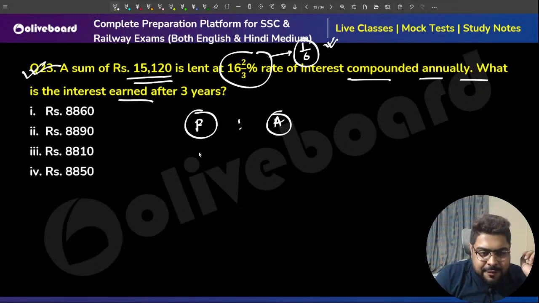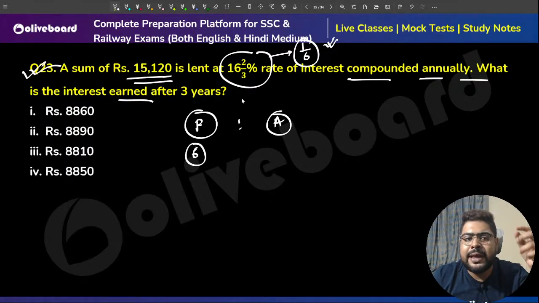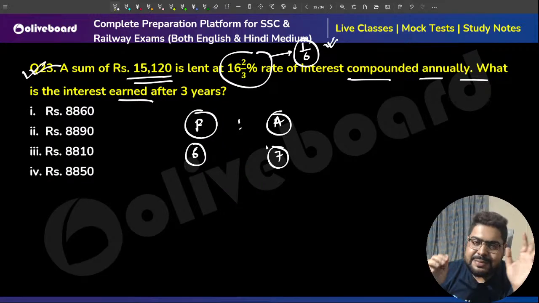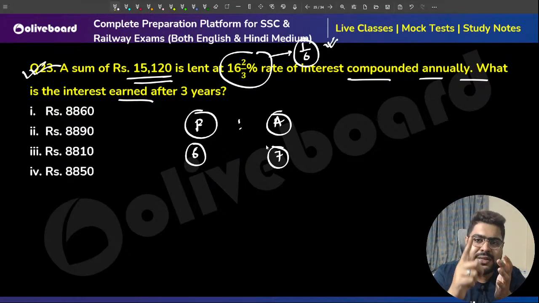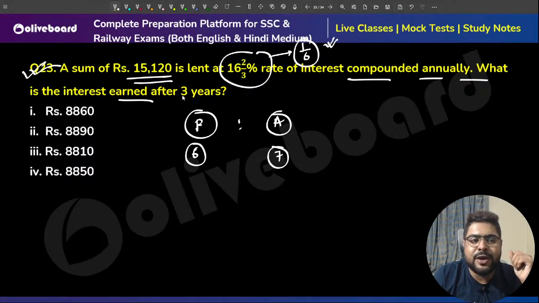If my principal is 6 rupees, my interest is 1 rupee, and my amount is 7 rupees. How many years are we talking about? 3 years.